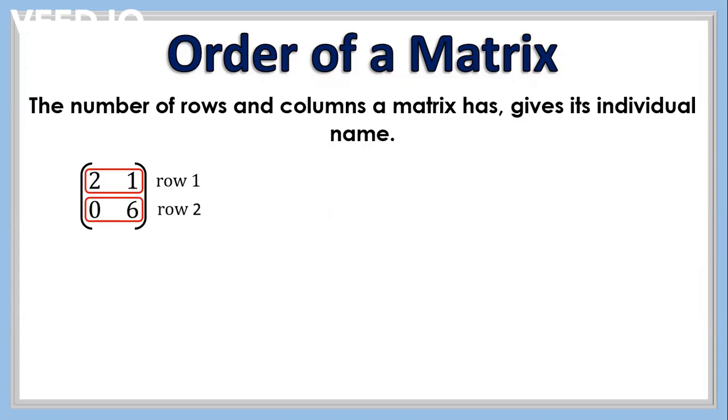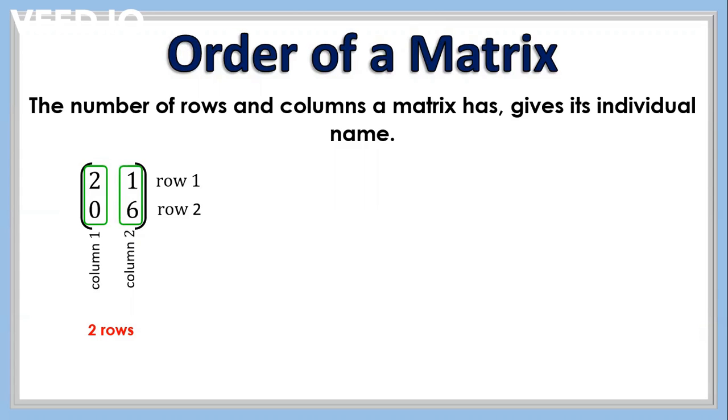So this matrix has 2 rows. Let us see how many columns this matrix has. 2, 0 forms the first column and 1, 6 forms the second column.